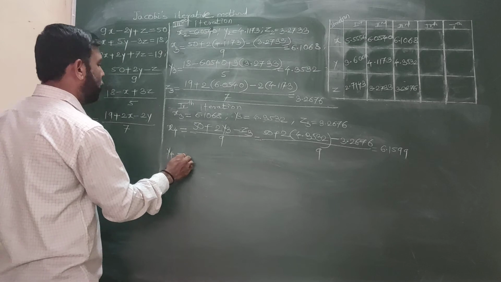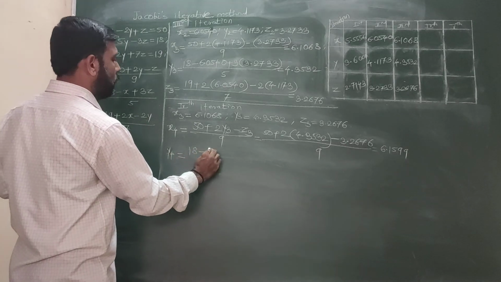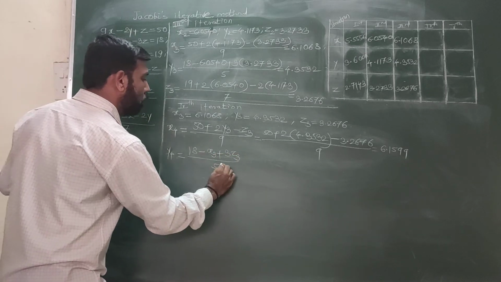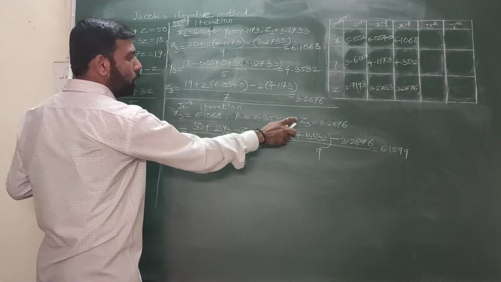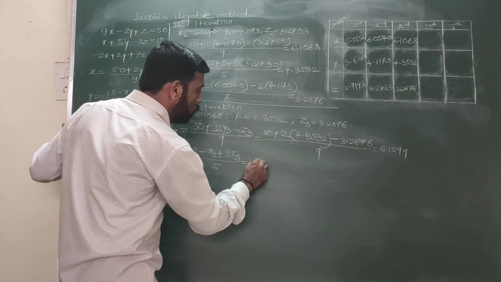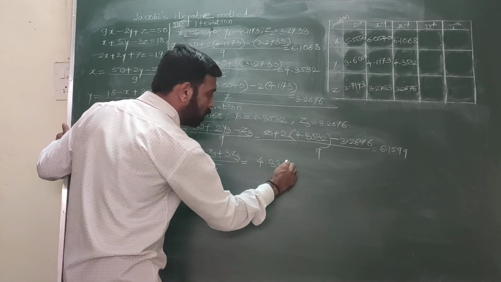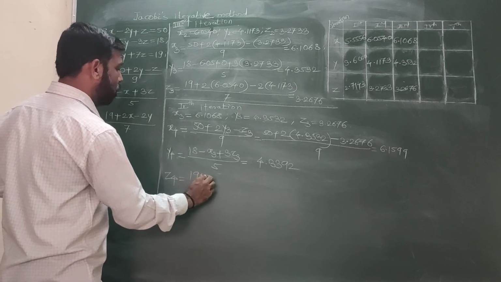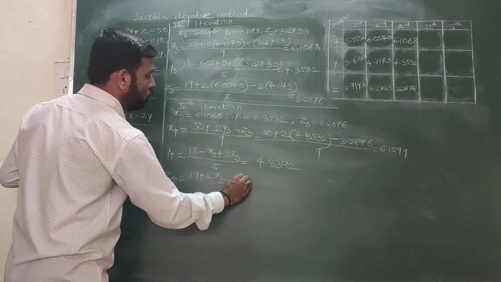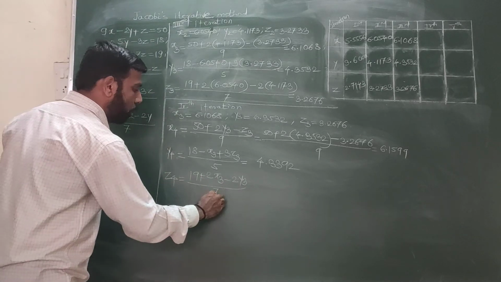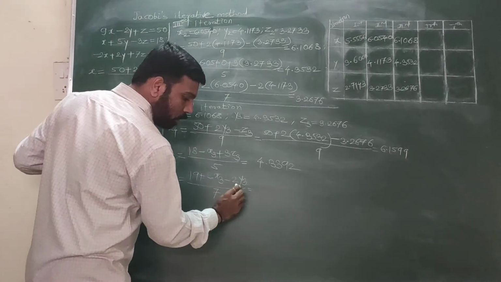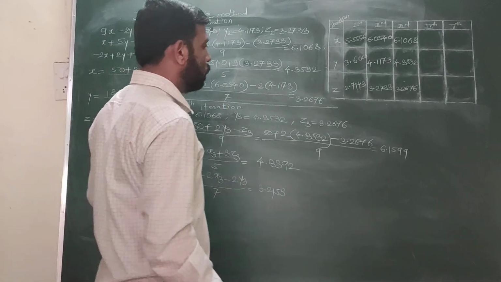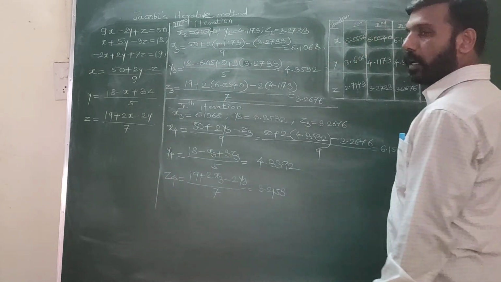Then the y4 formula becomes 18 minus x3 minus 3z3 upon 5. Put in the values of x3 and z3, so y4 becomes 4.3392. z4 is 19 plus 2x3 minus 2y3 upon 7, which equals 3.2153. Now we put these values in the table format.